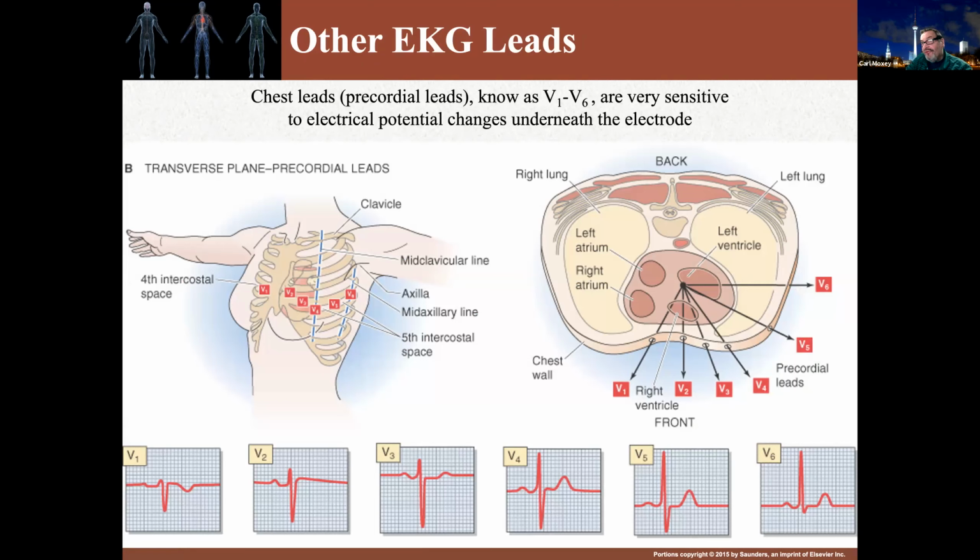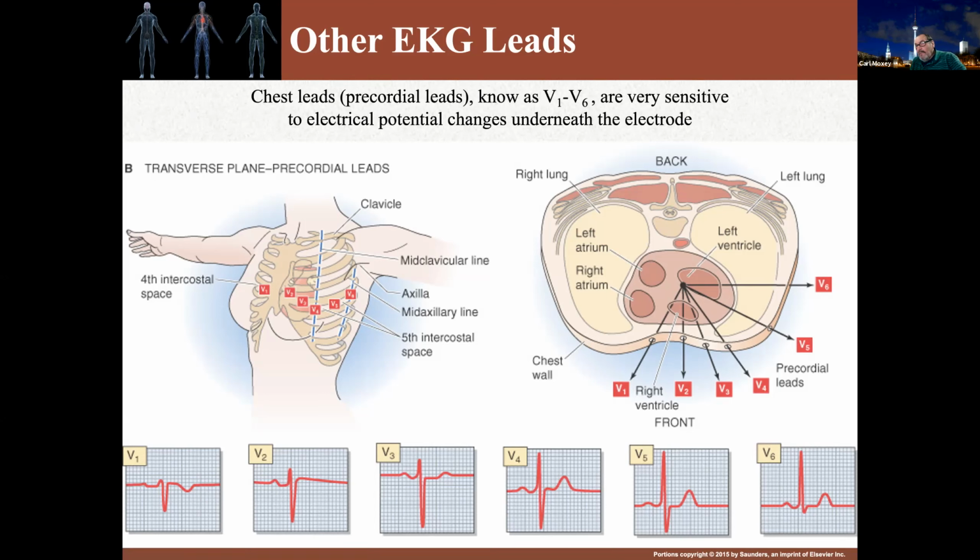Another very important set of leads to put on the body are the precordial leads, or chest leads. And these are designated V1 through V6. And you see what the tracings look like for these. And first, we'll place them.